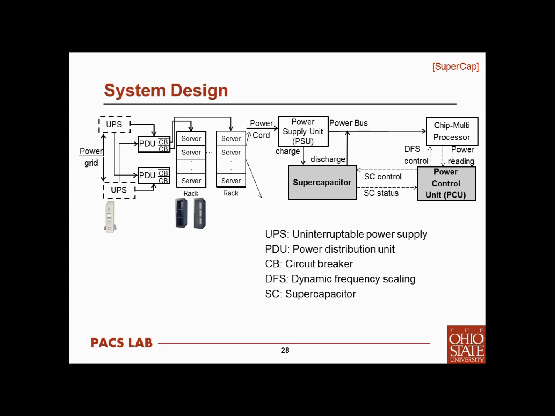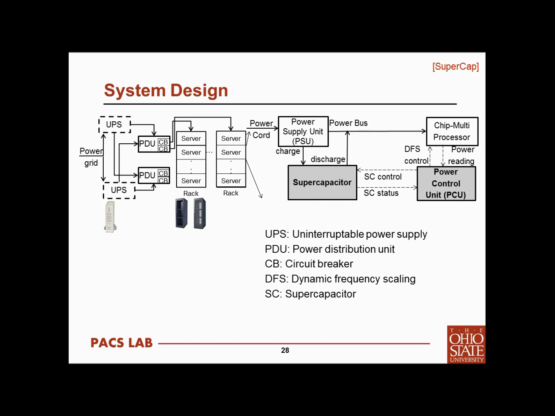In the PDU, there is a very important component called the circuit breaker, CB. Each CB is associated with one rack. When the total power consumption of one rack is too high, higher than the threshold value for the circuit breaker, then the circuit breaker will trip to protect the other power infrastructure. So a circuit breaker trip is a very bad scenario in data center operation.